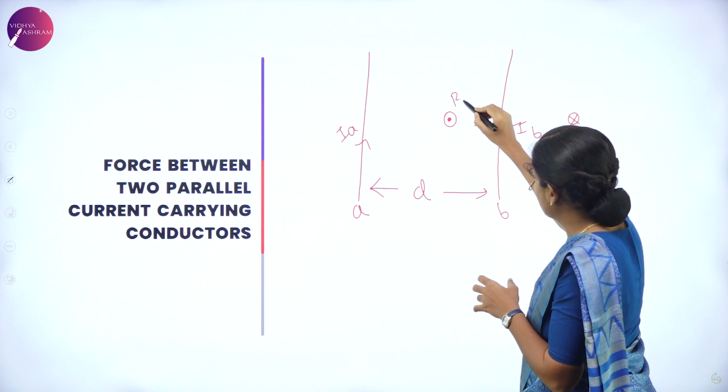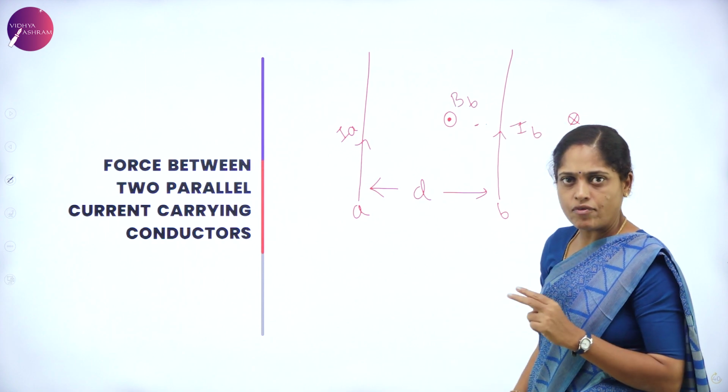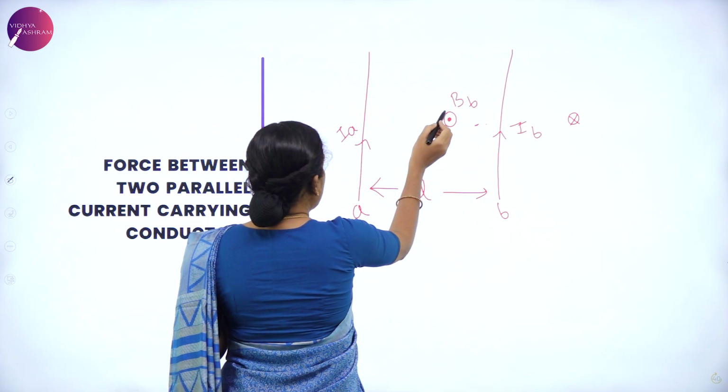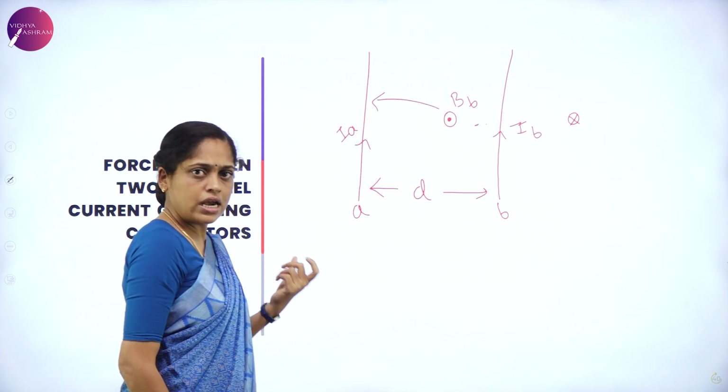So, this is the magnetic field of second wire, that is B.